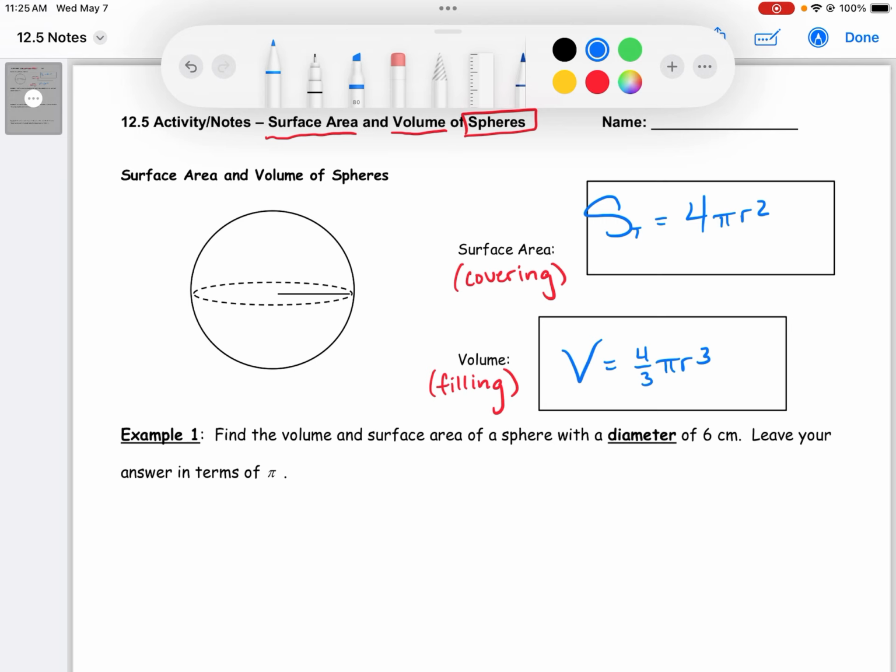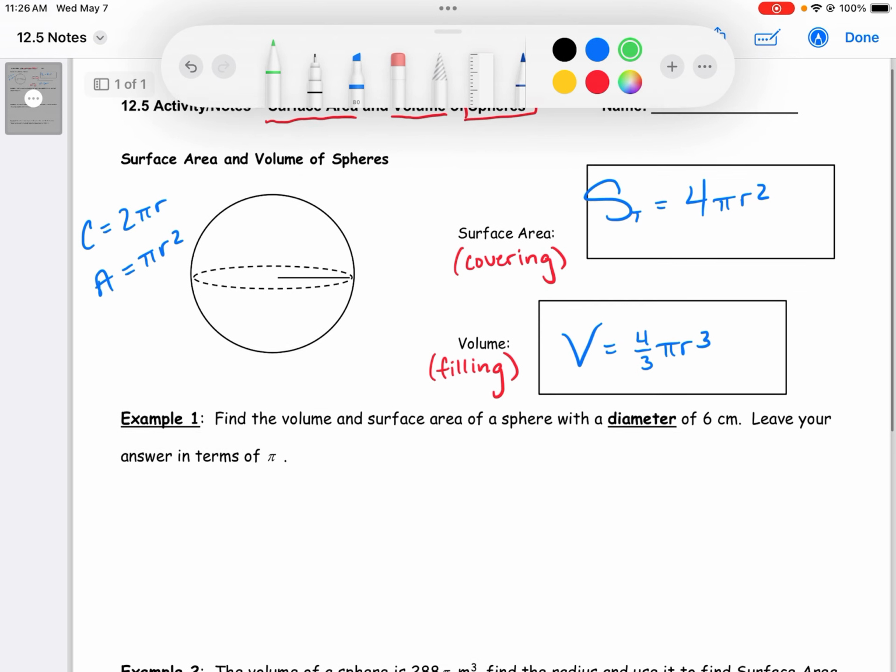And really, those are the two formulas that we're going to use. Just for reference, older formulas, our circumference and our area. We won't need those necessarily today, but just to kind of refresh on what we've learned so far this year about circles. And an important thing to remember is, both of these require a radius.